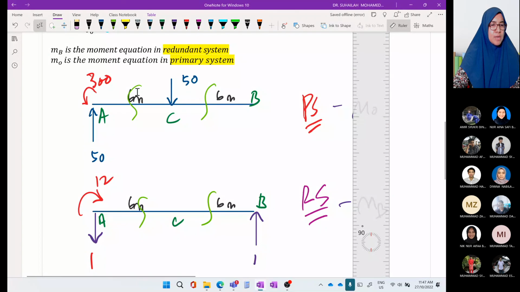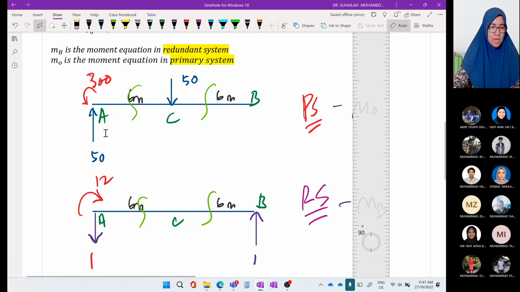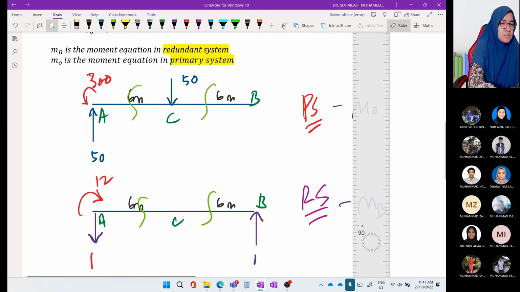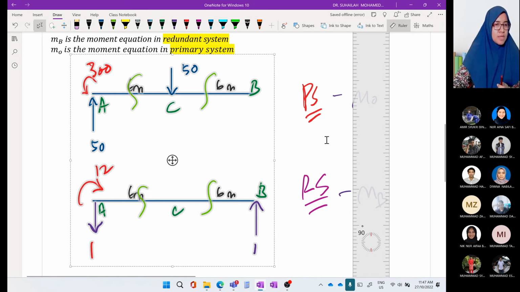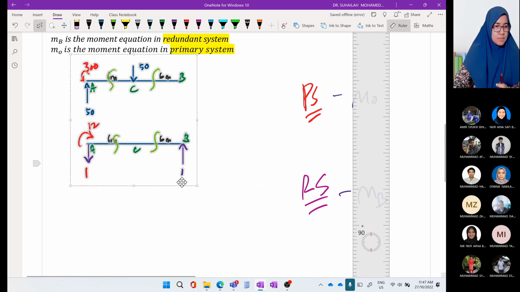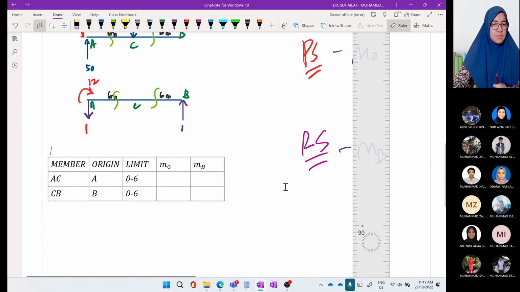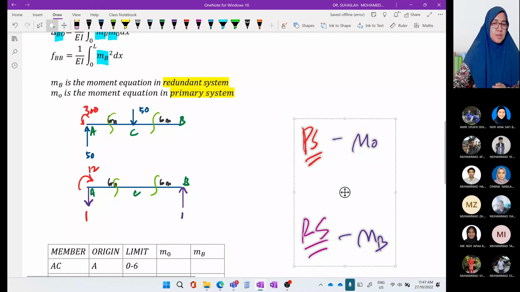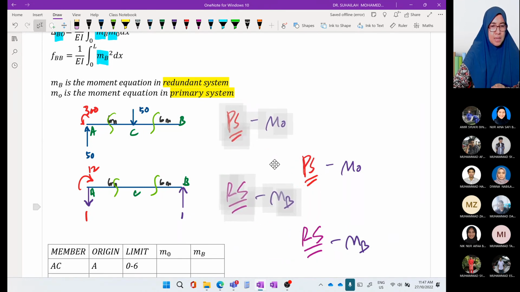M naught is the moment equation for section AC. So what is the moment equation for AC, origin A?